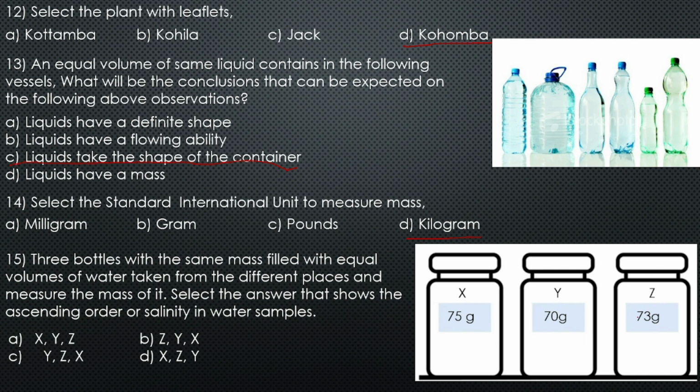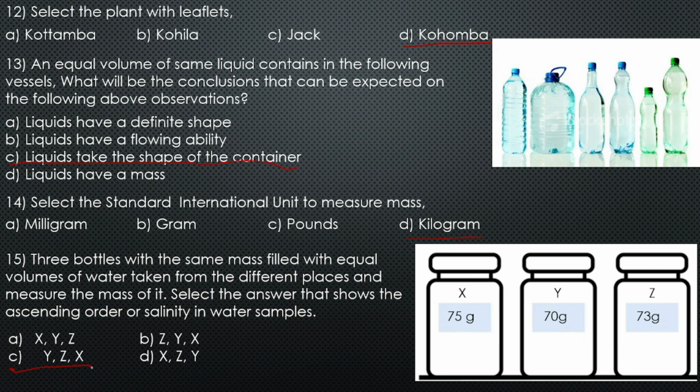The highest amount of salt is dissolved in X. The second highest 73 gram is Z, and the least 70 gram. With salinity, therefore we take Y. And the second highest is Z, and the third highest 75.